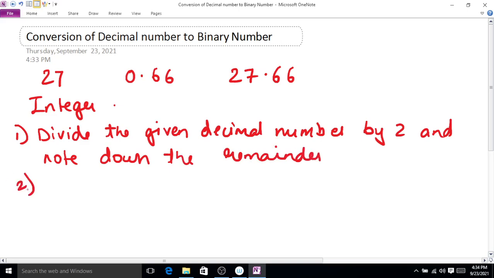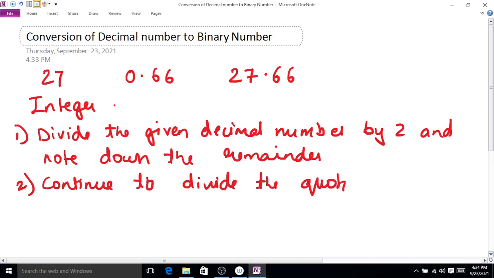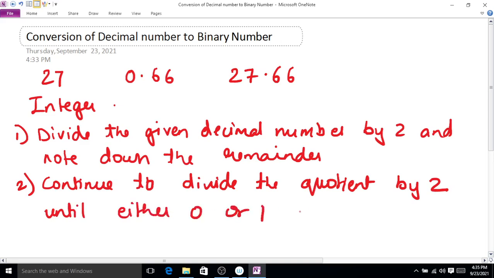Then second step, continue to divide the quotient obtained in previous step by 2 until either 0 or 1 is left.